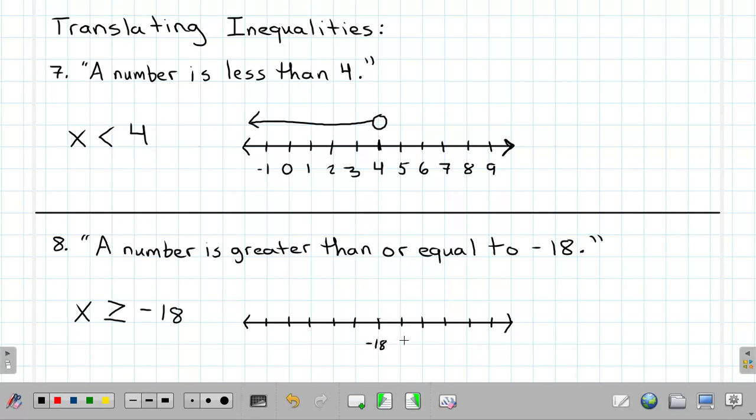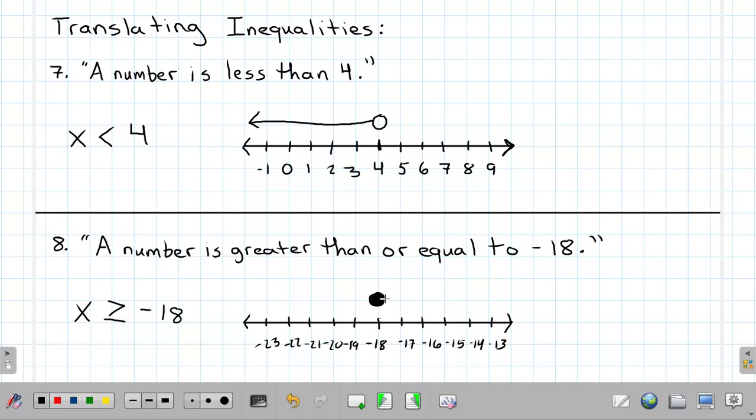So the same thing happens when we go to graph this. We'll start at -18. You have -17, -16, -15, -14, -13. Then you have -19, -20, -21, -22, -23. And then we ask, can X be equal to -18? Well, in this case, yes, it can. So we use a closed circle.